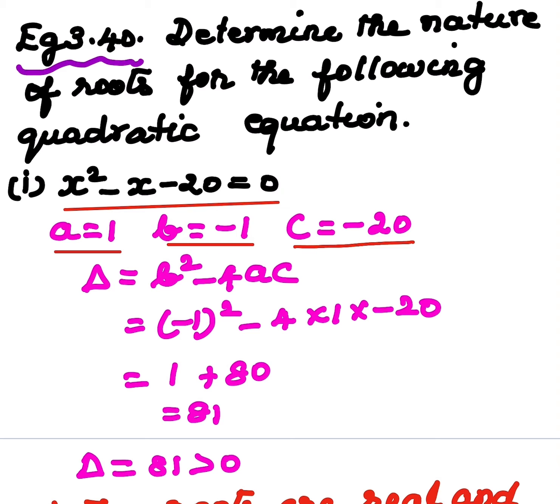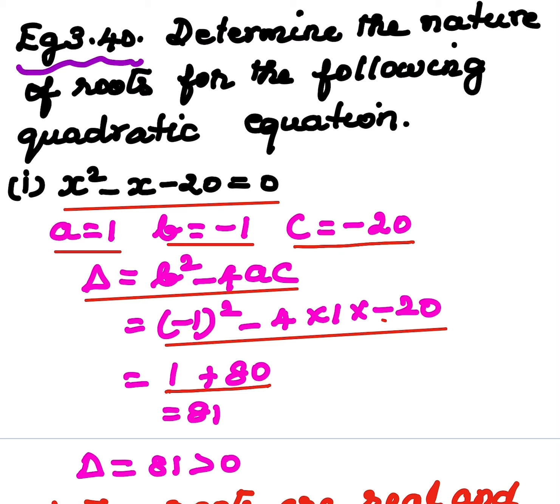Now let us find the discriminant delta, which is b squared minus 4ac. It is minus 1 the whole square, minus 4 into 1 into minus 20. Minus 1 the whole square is 1, and minus into minus is plus, 4 into 20 is 80.